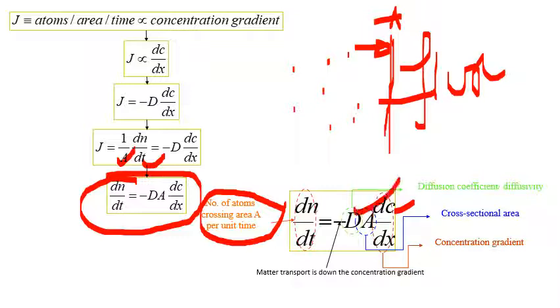When we remove the proportionality constant, it is called the diffusion coefficient or diffusivity. So you can use either this formula, J equal to minus D dC/dx, or whenever they talk about the number of atoms, we can say dN/dt will be equal to minus D A dC/dx.